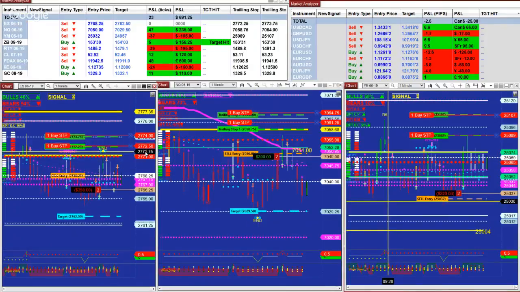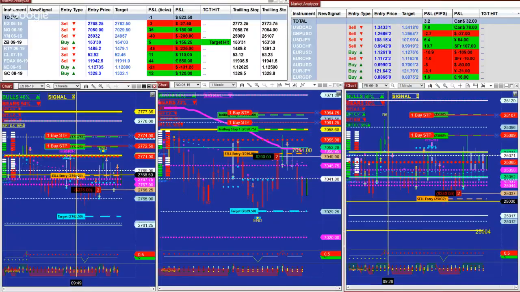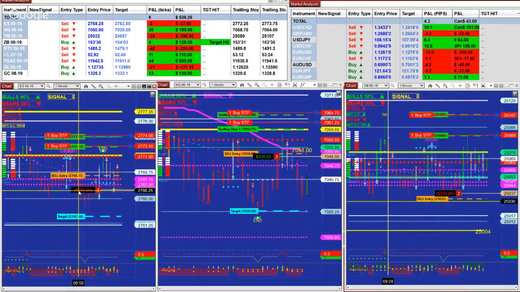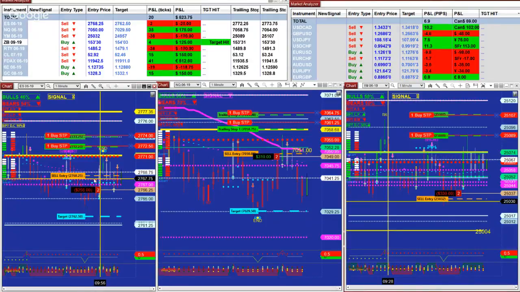We have an entry signal on the ES at 2768.50, and we put the short trade at 2766.25 as a limit order at that number, because it is a double support line, and we're not interested in a double support.